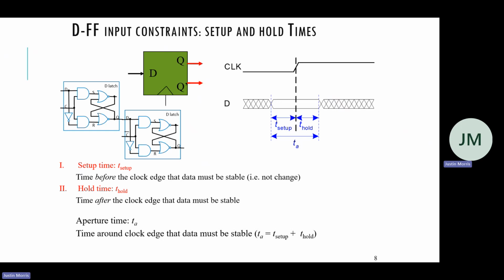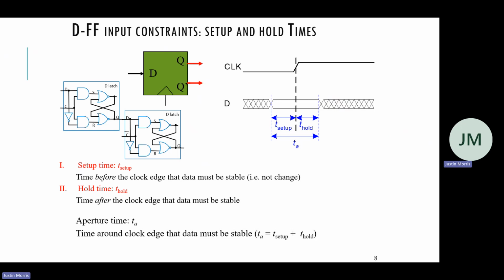Okay. The other thing, the second part, hold time. This is the time after the clock edge that the data must still be stable. And this is because when the clock changes from 0 to 1, this latch is turning off, right? Disabling. And this one is enabling, right?